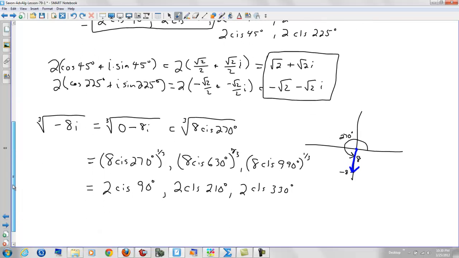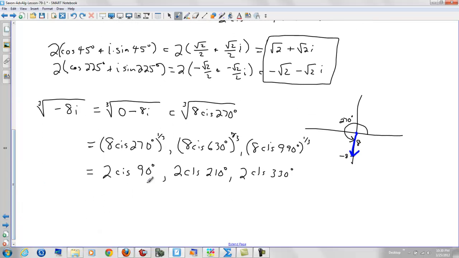Well, it turns out another way to come up with the other answers, instead of rewriting the vector in 3 different ways, would be to simply take 360 and multiply by 1/3, and that tells you how much to add between them. So you can get those other 2 answers that way as well.